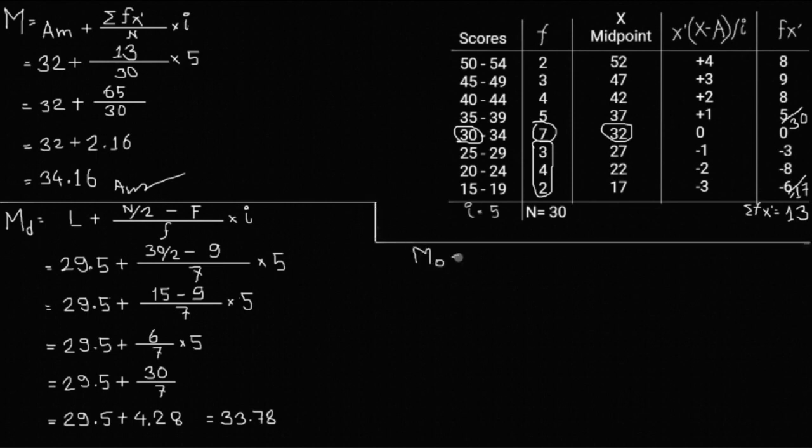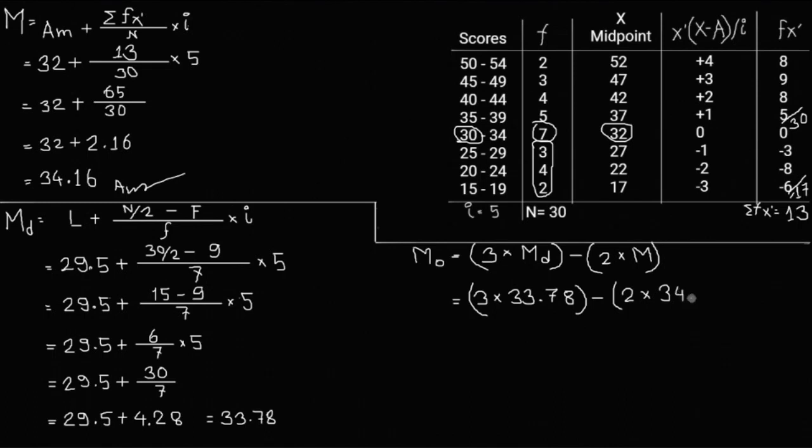Okay, so now we calculate the mode. Mode: 3 into median minus 2 into mean. So 3 into 33.78 minus 2 into 34.16. 3 into 33.78 is 101.34, minus 2 into 34.16 is 68.32, which equals 33.02.